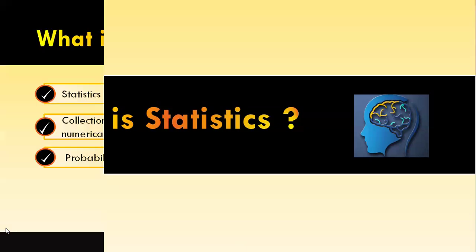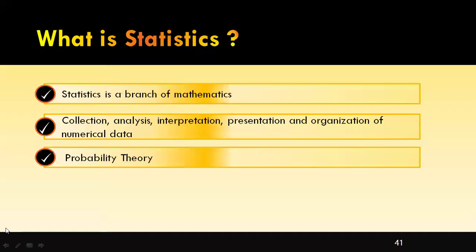Next, look here, this is what I discussed: statistics is a branch of mathematics, collecting the data, interpreting the data, everything. Then there is probability theory. What do you mean by probability theory? In statistics, there is a topic called probability.